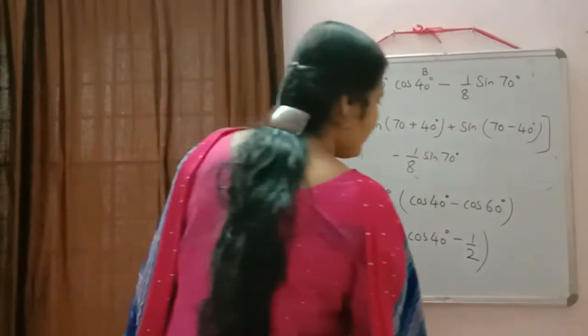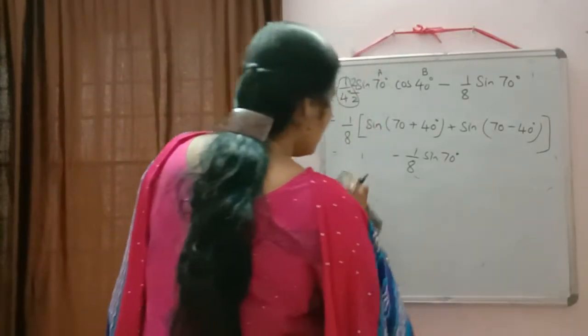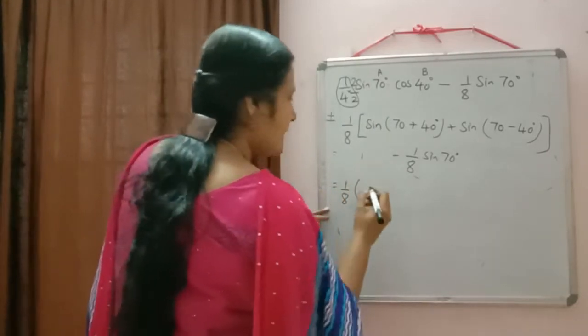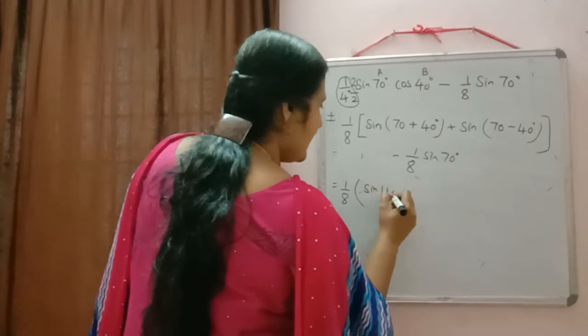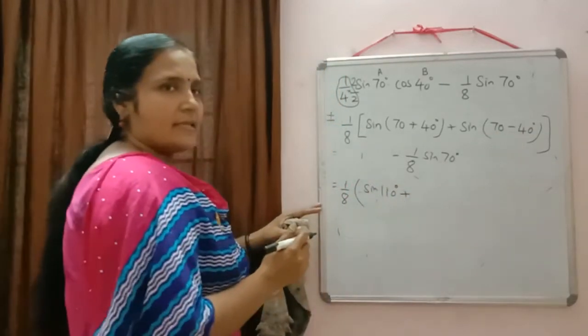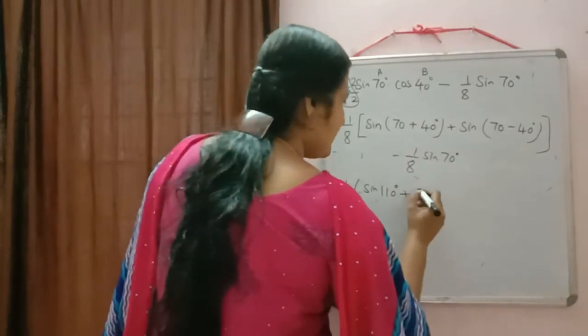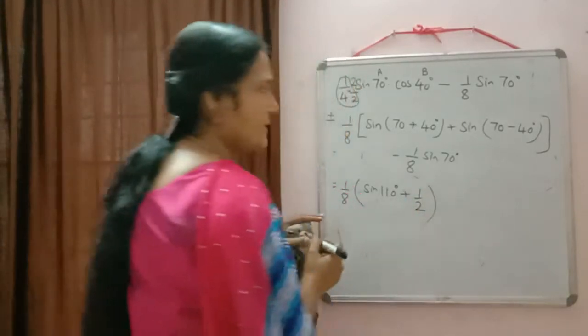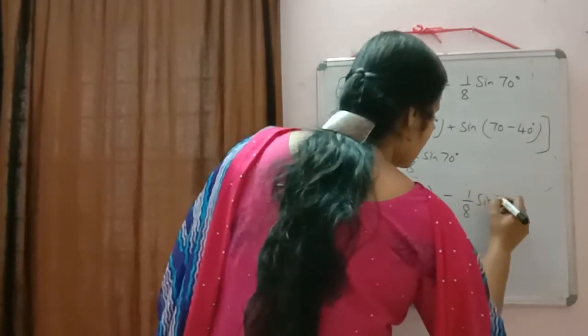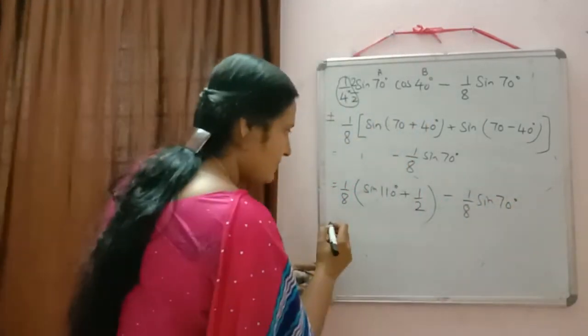Now we will simplify it. Then it will be equal to 1 by 8 into, inside the bracket we will get here sine 110 degree plus sine 70 minus 40, that is equal to sine 30 degree. And value of sine 30 degree is 1 by 2 minus 1 by 8 sine 70 degree.